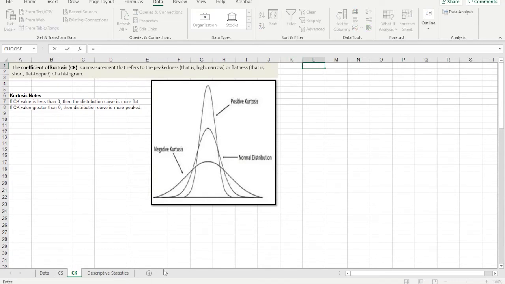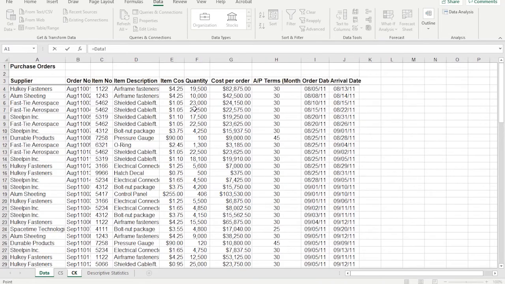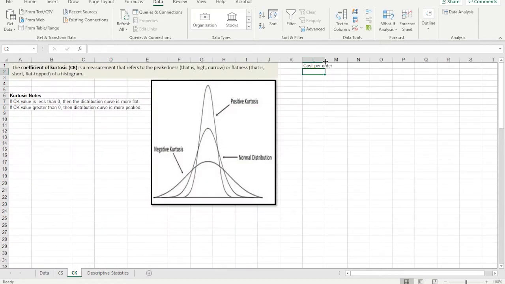And since this is an equal sign, I'm going to go to the data worksheet and I am going to select this header right here. And you can see on the FX portion that it's referring to the data worksheet and then I have exclamation mark G3. That's G3. So I'm going to hit enter and then it's going to copy or reference the information that's coming from the data worksheet.